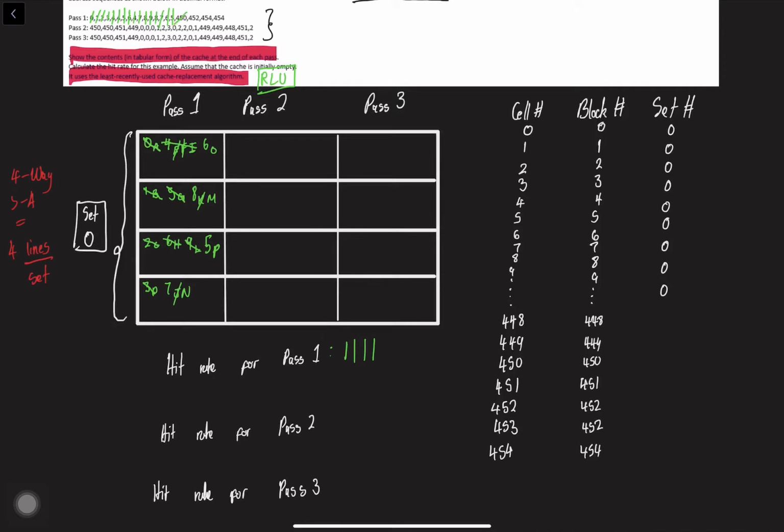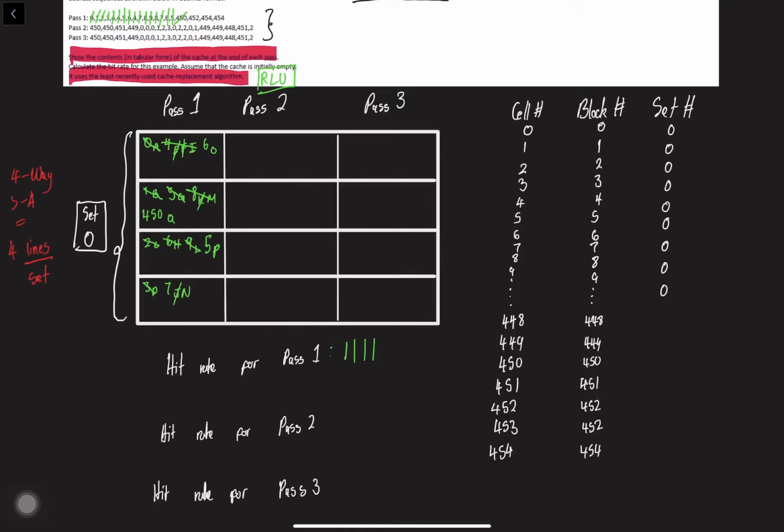Now for the 450, the 450 has no space to go to, so it removes the least recently used, which is an M. So that's 450, and we get from the N or PQ, that gets us a Q.